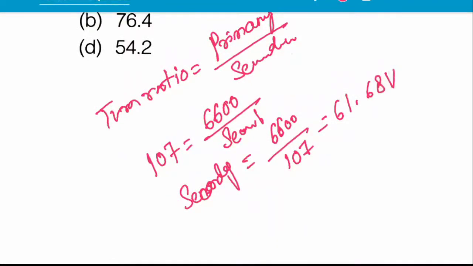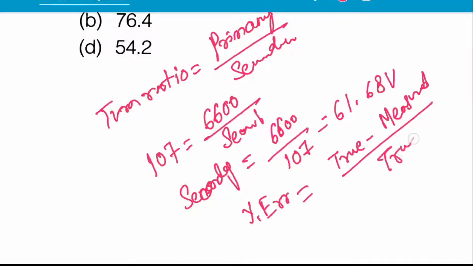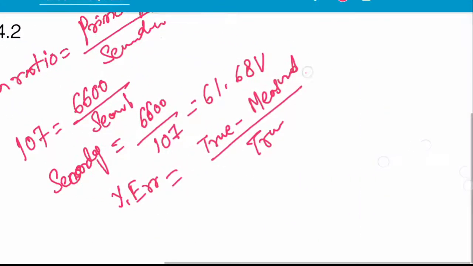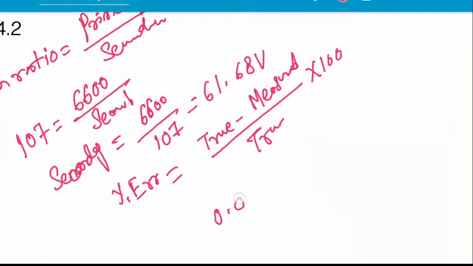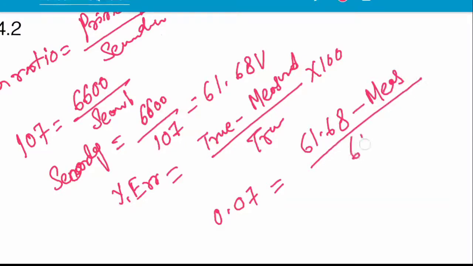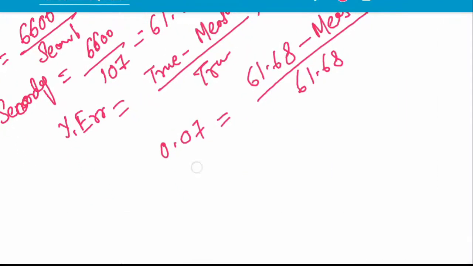61.68 volt, and percentage error is equal to true value minus measured value by true value into 100. So 0.07, that is 7%, is equal to 61.68 minus measured value by true value 61.68 into 100, which I have divided here.